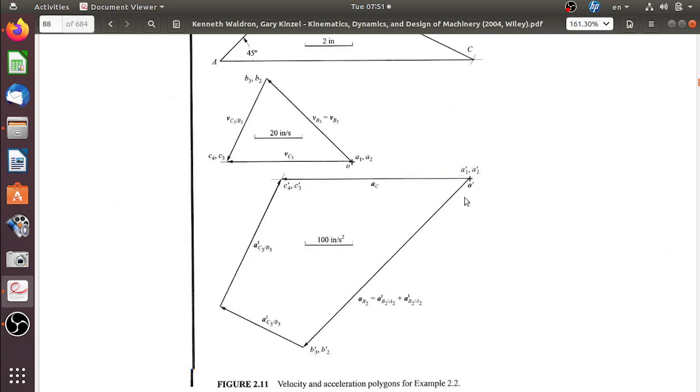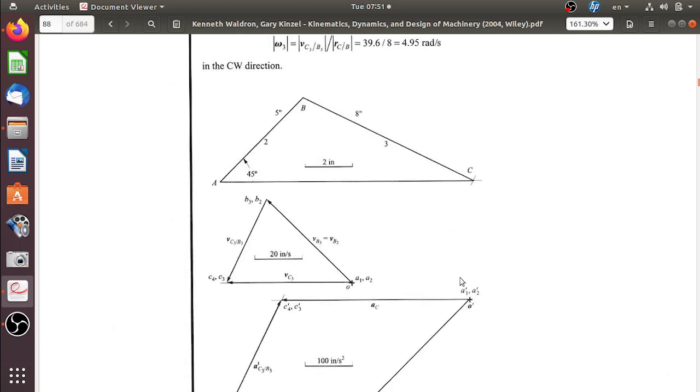That is just the radial component. But the angular acceleration is 0, and therefore the tangential component is 0. Because of that, this radial component itself is the total acceleration. So this point represents B3 prime, B2 prime, because B belongs to links 2 and 3.